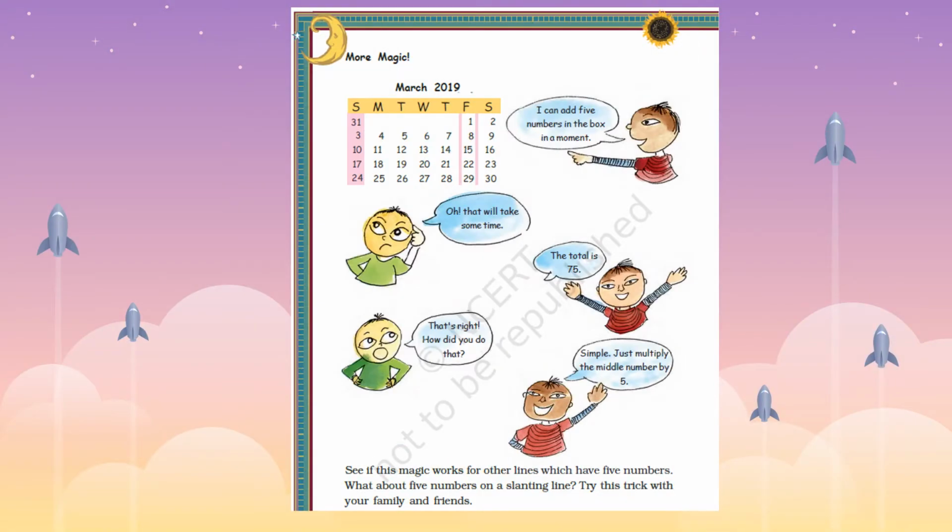The second trick we will look at. So if this is the calendar of March 2019, here we will take the column with 5 numbers, 5 dates. Instead of adding these 5 numbers, what we will do is take the middle number and multiply it with 5.